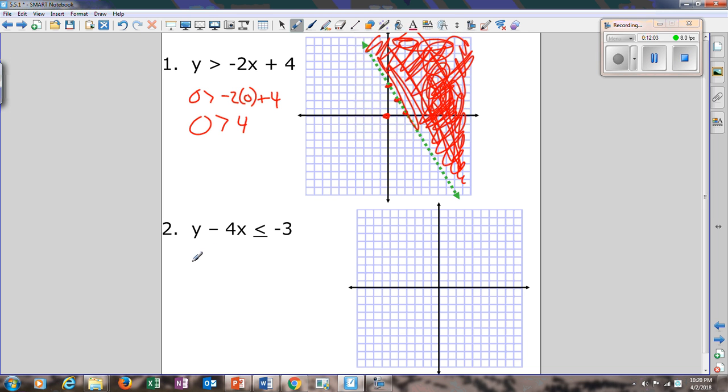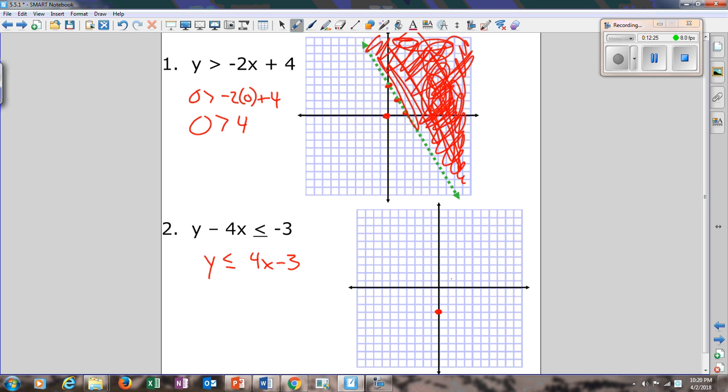Number 2, it's not in slope-intercept form, so you have to add the 4x over. It gives you y is less than or equal to 4x minus 3. Go down 3, make a dot, then it's 4x, which means your slope is 4.